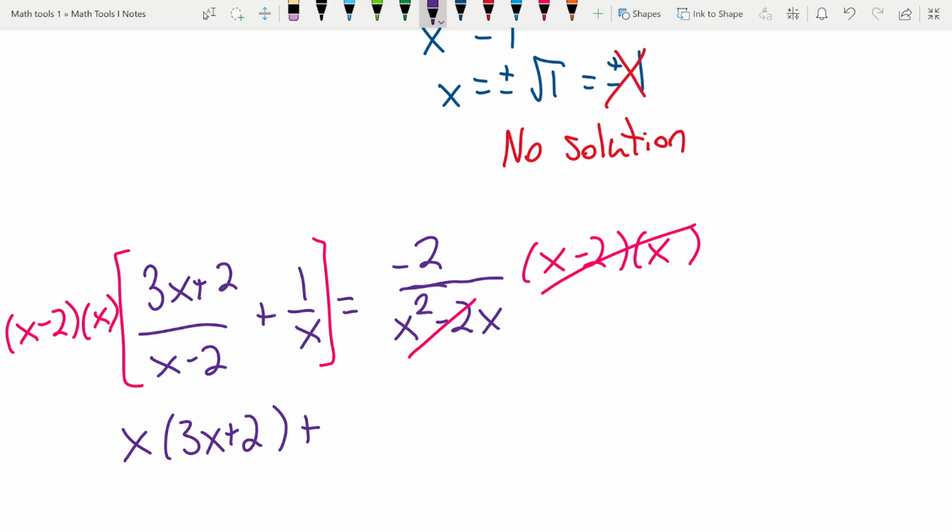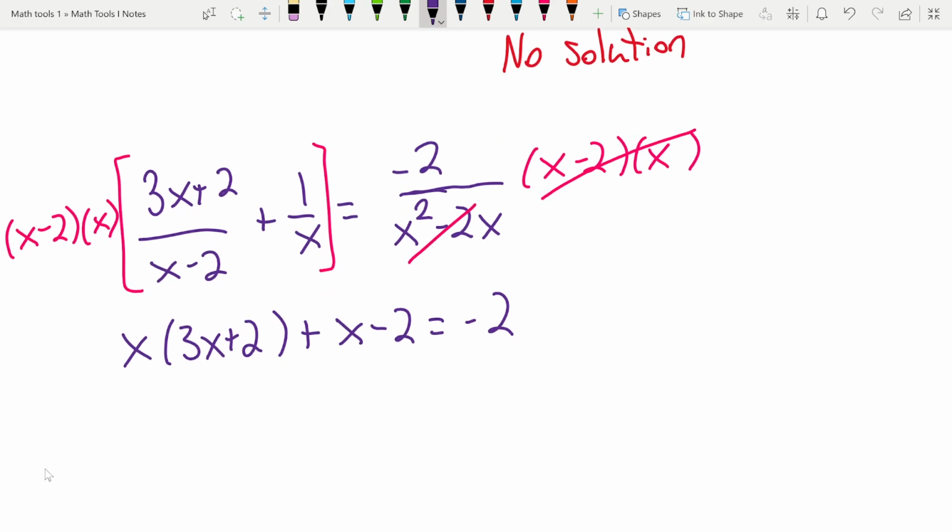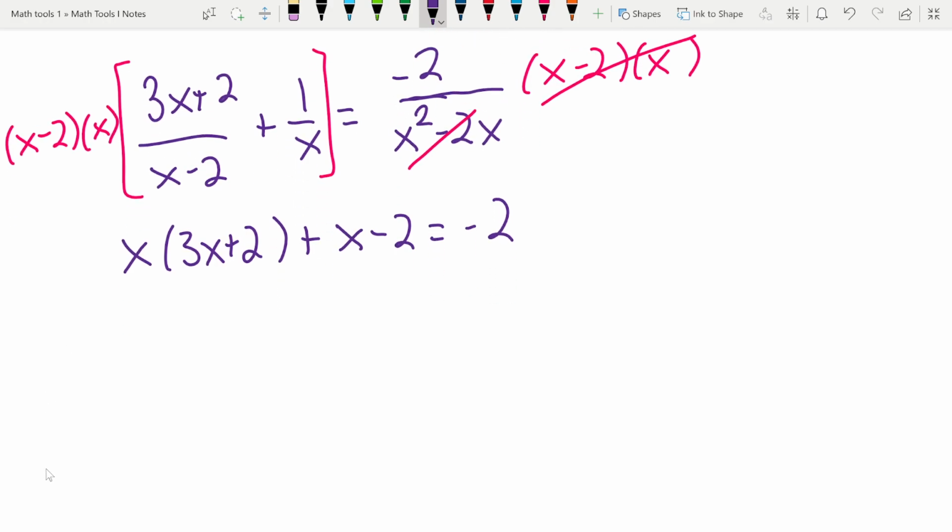So we're left with 1 times x minus 2. In other words, just x minus 2. And on the right side, we just have -2. So it's equivalent to how we did in the last problem. It's just doing the steps in a different order. So here we'll get 3x squared plus 2x plus x minus 2 equals -2.